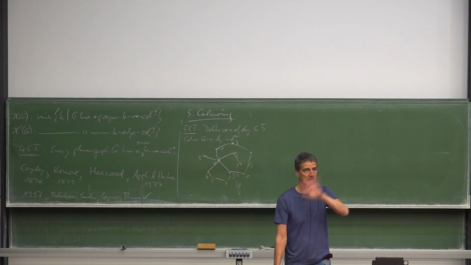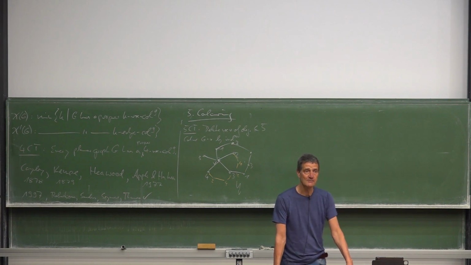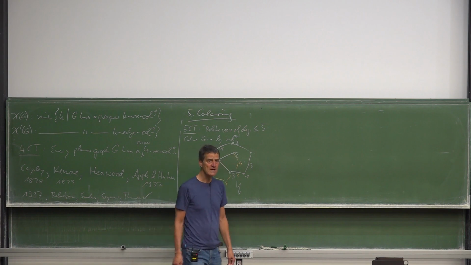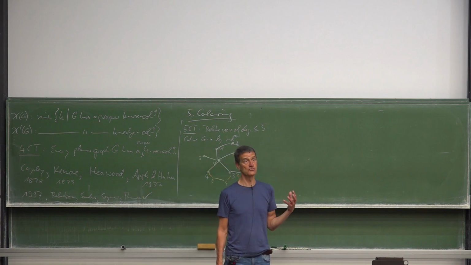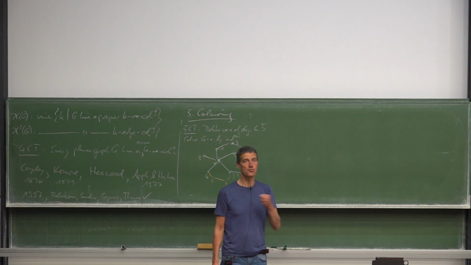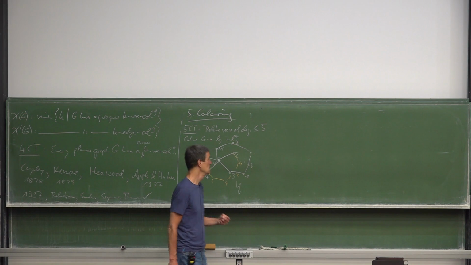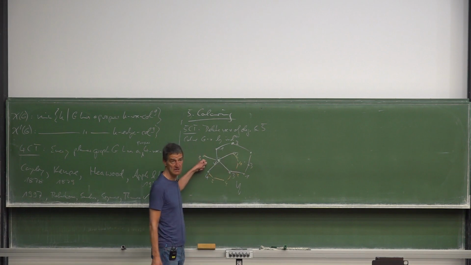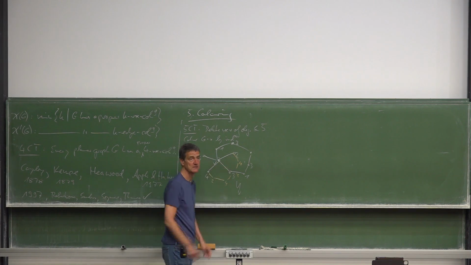Then we color the rest by induction, and we look at how many colors are used in the neighborhood. If there are fewer than 4 colors used, we can color V with a 4th color. So there are 4 colors used, 1, 2, 3, 4. And this has one of those 4 colors too. So we can do the same argument.